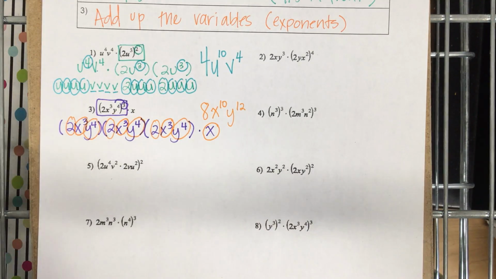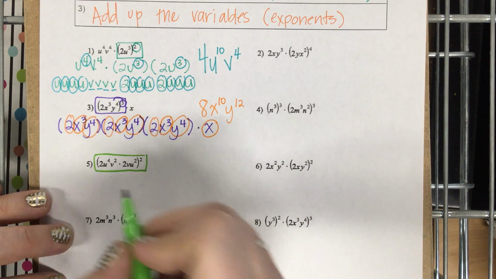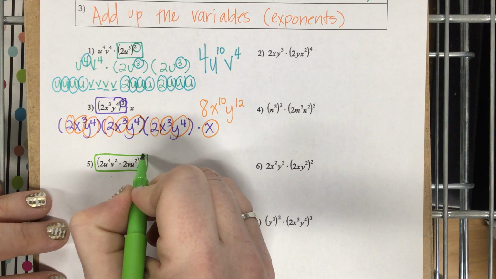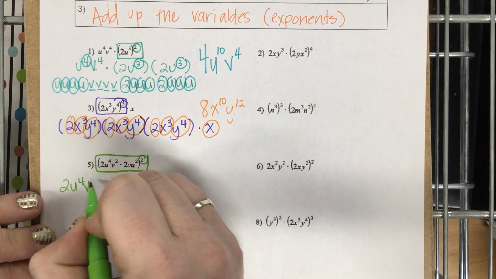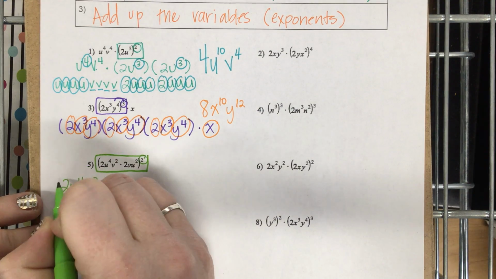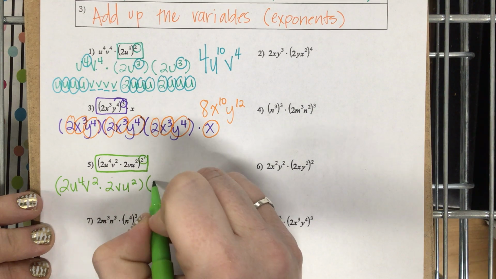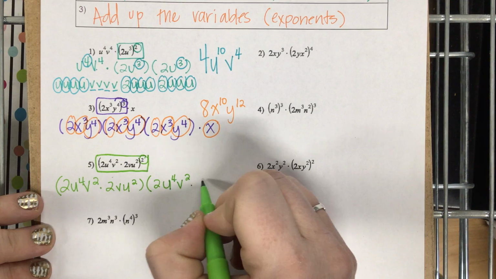Down here, number 5, that exponent of 2 on the outside, this is my double exponent, so everything in the parentheses happens 2 times. 2u to the 4th v squared times 2vu squared. That's 1. And here's 2.